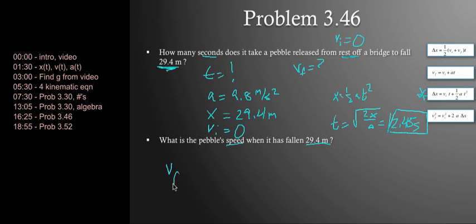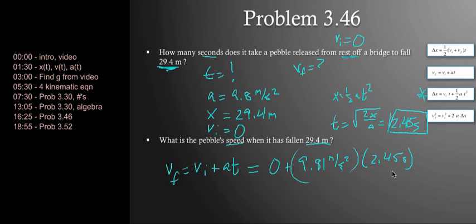So let's just pick this one. v final equals v initial plus a t. And so we're just going to get 0 plus 9.8 meters per second squared times this t that we just found, 2.45 seconds. And so we're going to end up with about 25 meters per second.